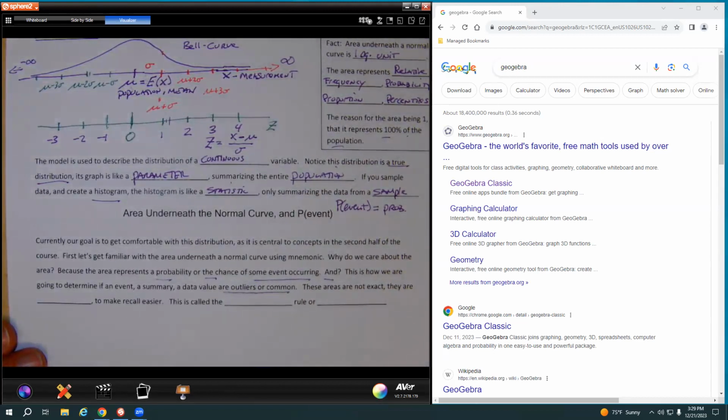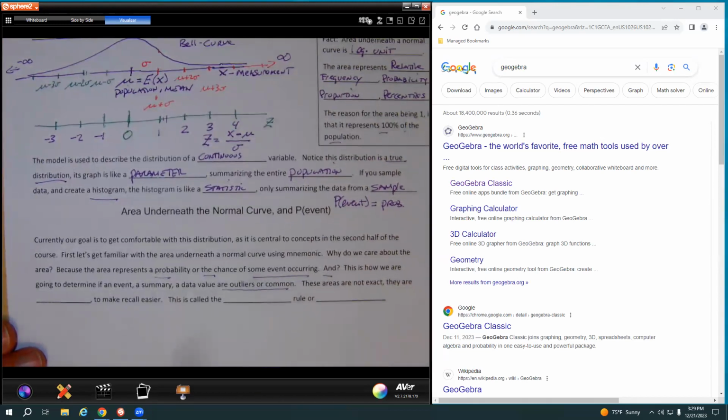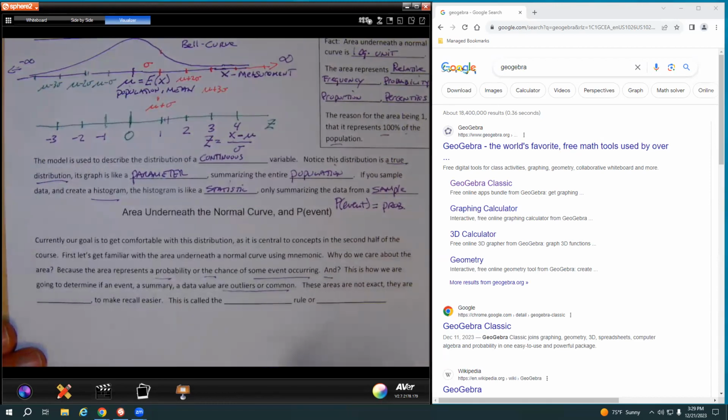The answer to that question relies on whether the result is so unusual if we assume the drug does not work. We'll talk about this more later in the course. But we want to calculate the area because it tells us how likely or unlikely our measurements are, and using that we make a decision.